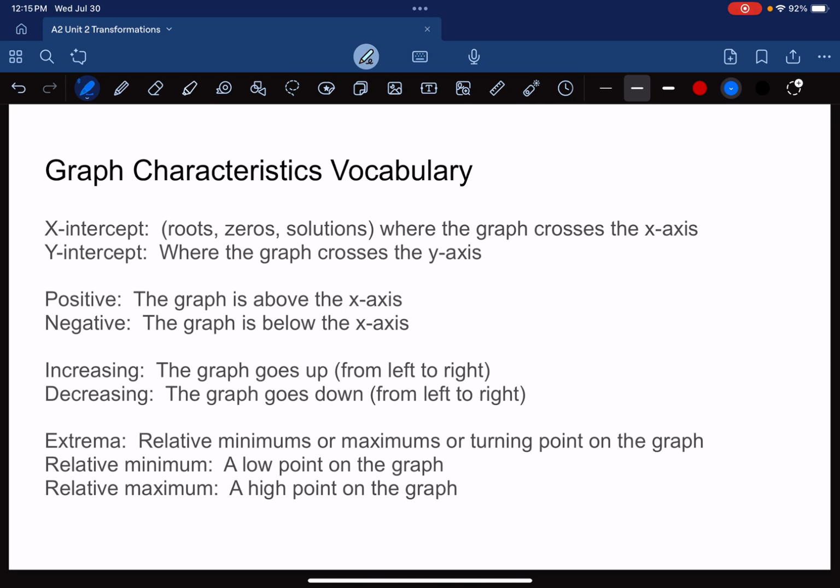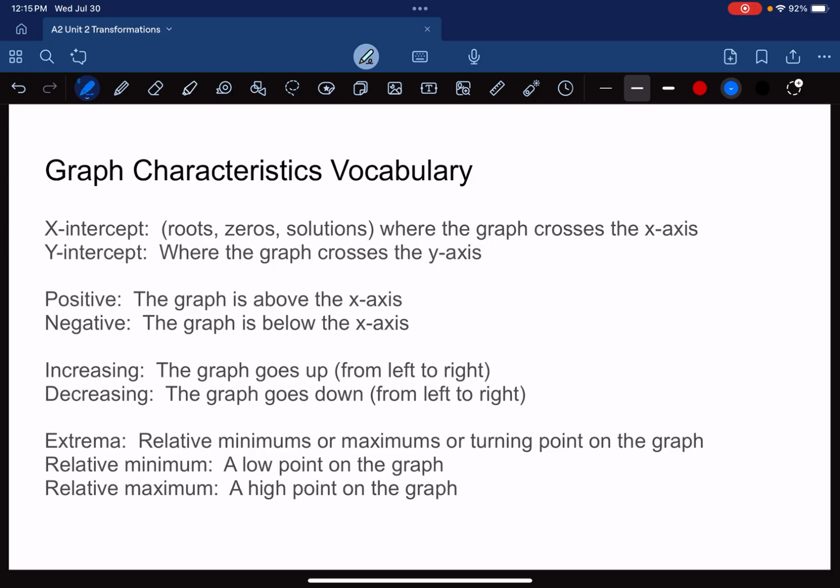Extrema, they're the relative minimums or maximums, or the turning points on the graph. So they're high points and low points, but we're going to study functions that at the ends are going to go towards infinity, either positive or negative, but then you're going to want to discuss the humps, the peaks and valleys that you see between those two ends.